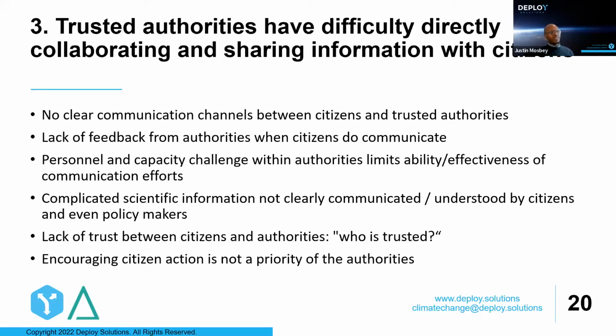We heard of no clear communication channels between citizens and trusted authorities, and a lack of feedback from authorities when citizens do communicate. Personnel and capacity challenges within authorities limit the ability and effectiveness of communication. And this was mainly from municipalities. They explained they have budget issues, and some of them have climate change departments, others don't.